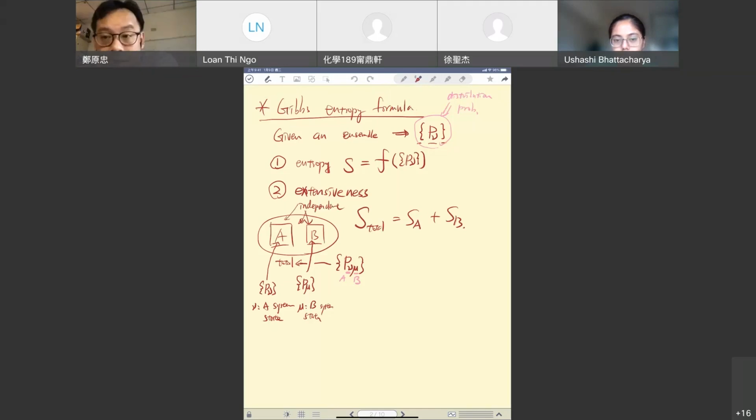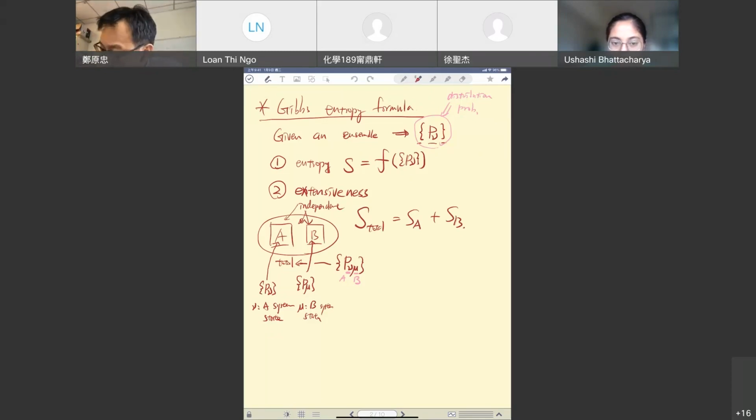If they are dependent, if they have coupling between them, then this additive condition does not apply. But for any thermodynamic system, if A and B are in contact, they can couple to each other. But this coupling will be very small compared to the total state of the system, so it will not affect the extensiveness of the total system.